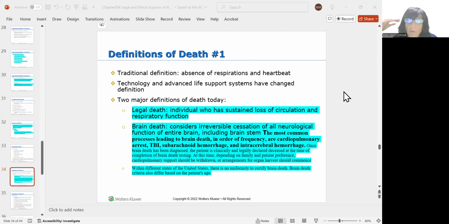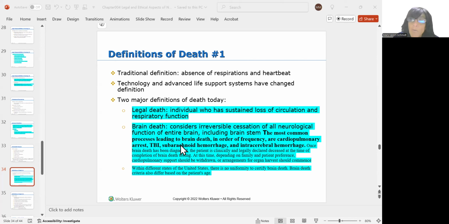It does include the loss of voluntary and involuntary neurological function. So the patient would be on a ventilator. Once brain death has been diagnosed, the patient is legally deceased, but they will keep them on life support if they're an organ donor, to make sure they have time to harvest the organs.